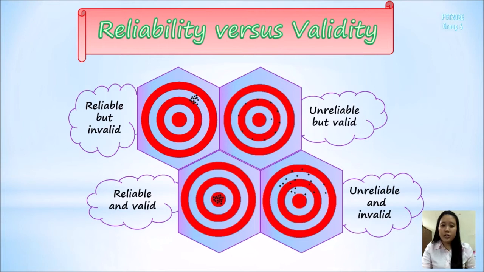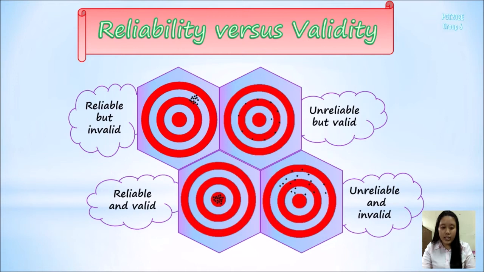So reliability actually refers to this: if the same result can be consistently achieved by using the same method under the same conditions, we can consider it to be reliable.